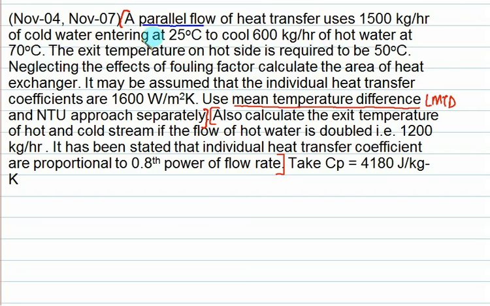So both fluids are water. TCI is 25, THI is 70. The exit temperature on the hot side is required to be 50, so THO equals 50. So let's collect this data.